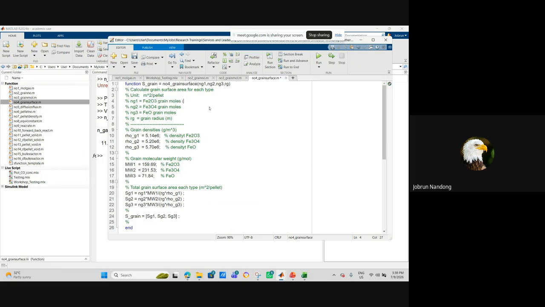Right? Mole per pellet. Yeah, I forgot to write the unit here. Supposed to be mole per pellet. Suppose that what you have is in terms of millimole, so you have to convert it back to mole per pellet. This one is mole per pellet.